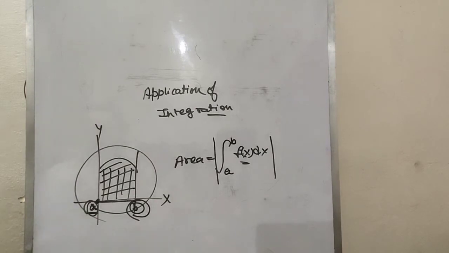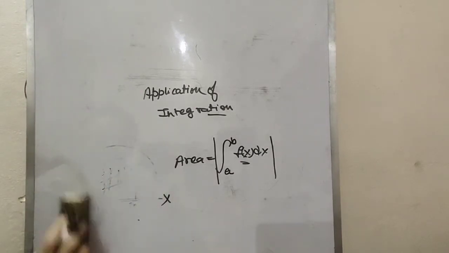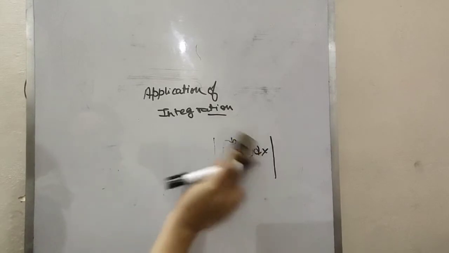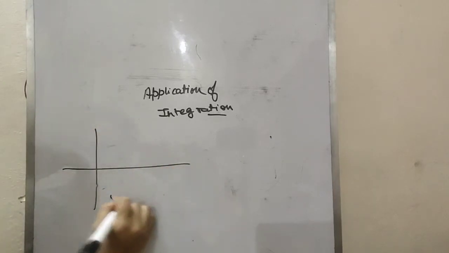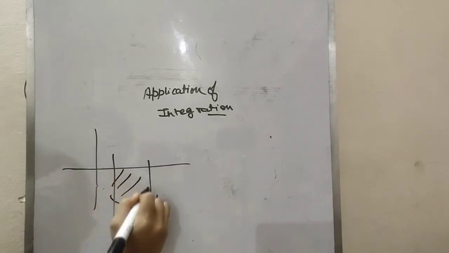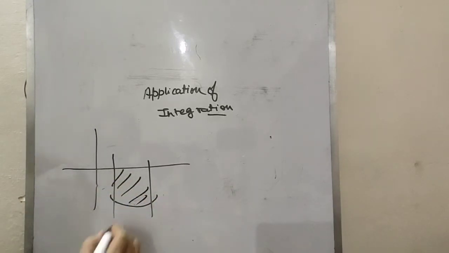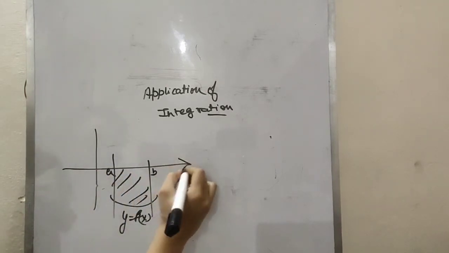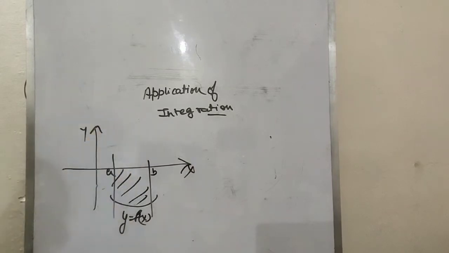Now, if the area bounded by the curve is on the negative side, how will I do that? The formula will be the same. The diagram will be something like this, where I have a curve in the negative area. So it will be y equal to f(x), with a, b. Again, this is my x-axis, this is my y-axis.